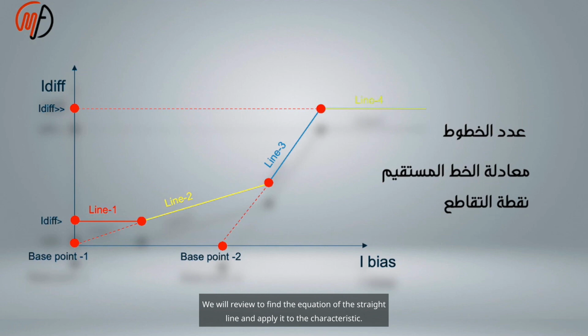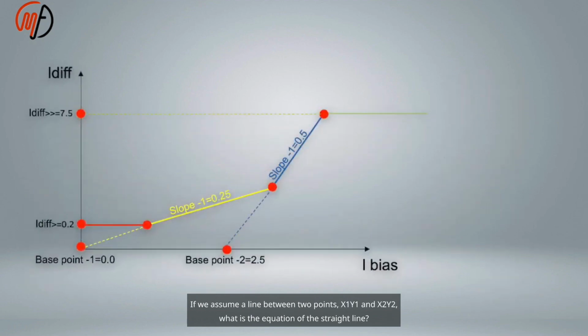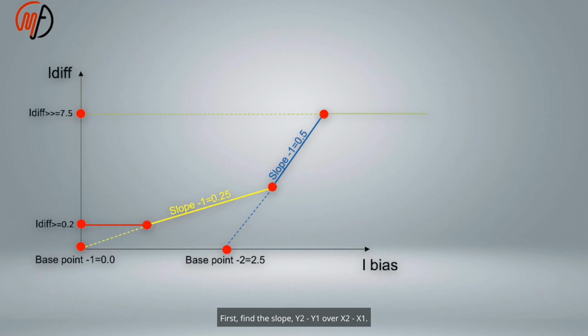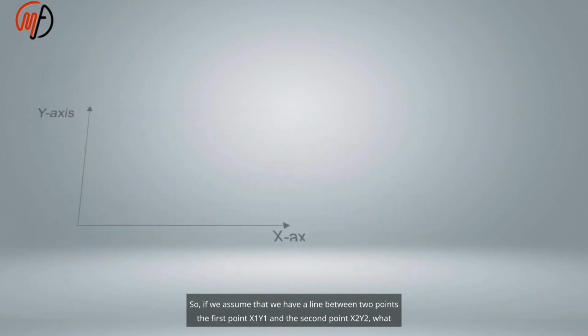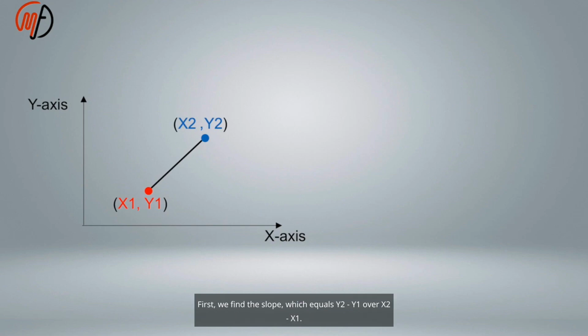If we assume a line between 2 points, x1 y1 and x2 y2, what is the equation of the straight line? First, find the slope, which equals y2 minus y1 over x2 minus x1.